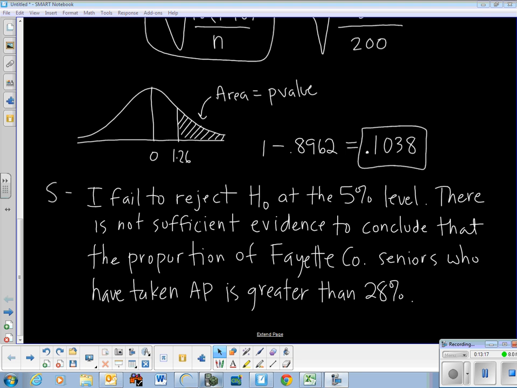So if this is real life, do I think that it's really 28%? I have some pretty good evidence that it's not. The result I got of 32%, there's only a 10% chance that that would happen if in reality it's 28. But since the question said tested at 5%, I don't have overwhelmingly strong evidence that it's not 28. 1 out of 10 times I would get a result as far away as I did.